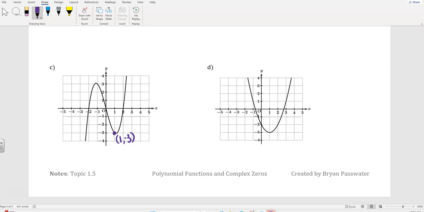So if you have 180-degree rotational symmetry, I think you do this in Math 2 maybe.